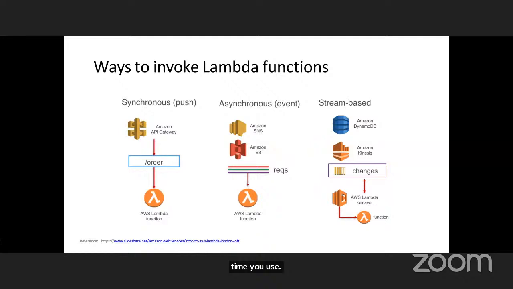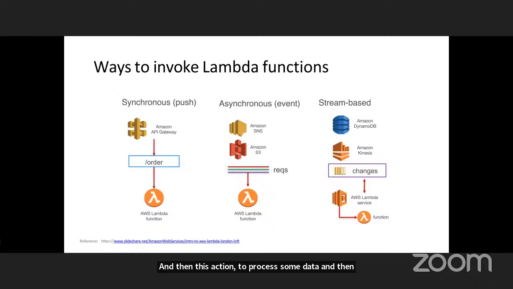And there are different ways to invoke a Lambda function. One is the synchronous way, or push, where you directly trigger the function. For example, you can call a Lambda function directly from your application to perform a task and wait for it to complete. Imagine you have a web application where a user clicks a button, and this action triggers a Lambda function to process some data and then return the result.